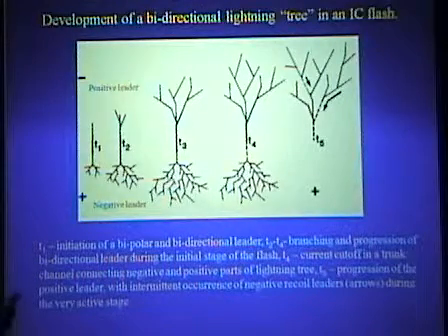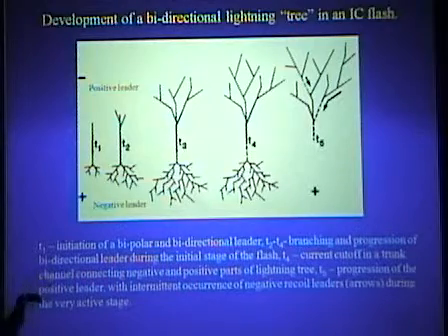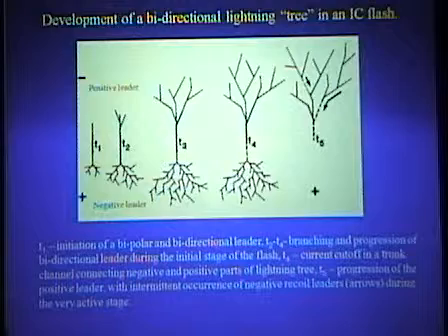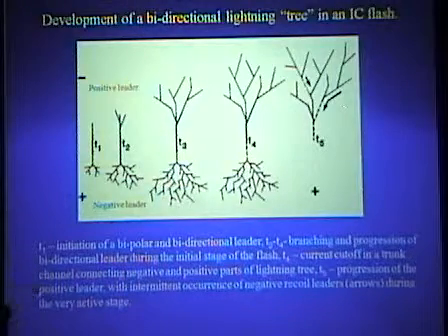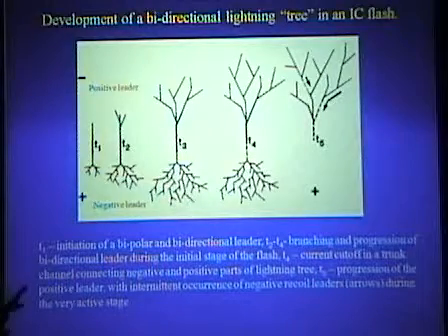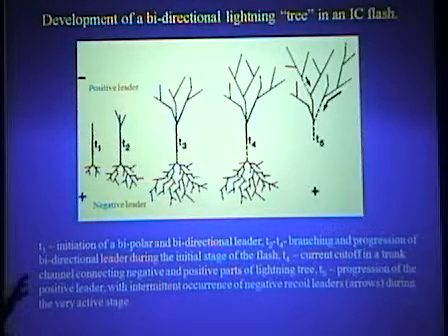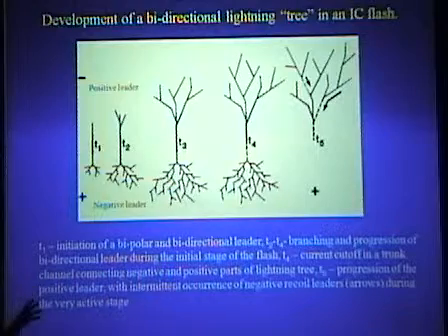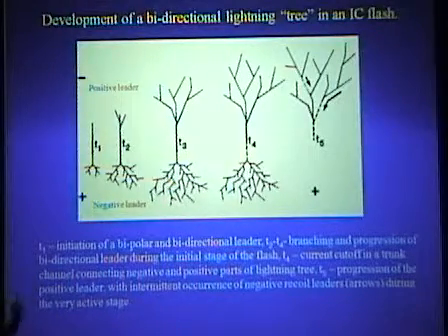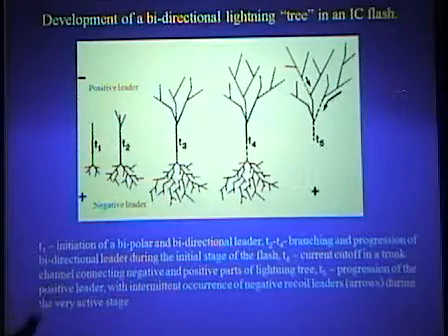And when negative leaders finally reach the stage when they cannot propagate anymore, and I explained to you this is a condition for propagation, this part of the double tree, this negative part, actually stops propagating and dies. So it disappears. No more lightning there because there is no way to propagate it.